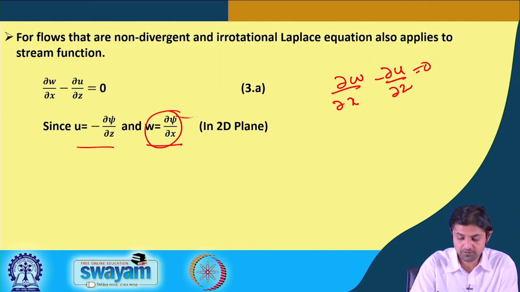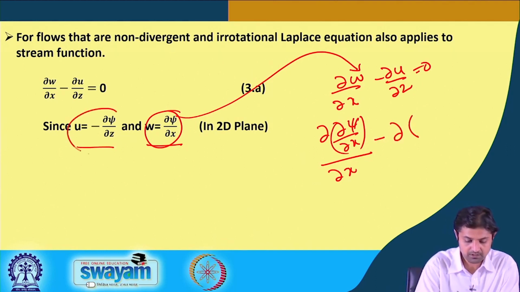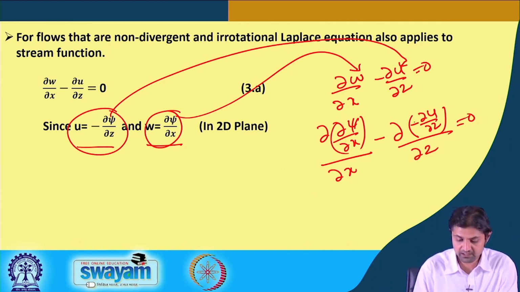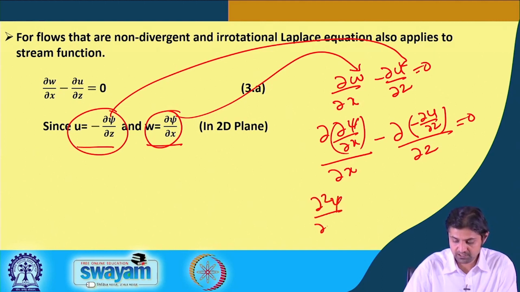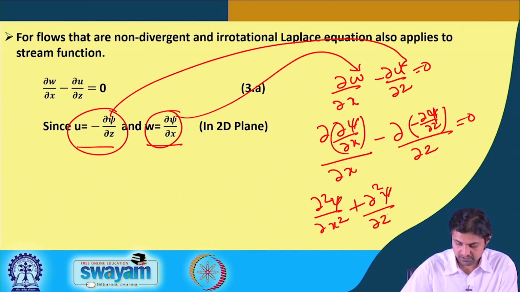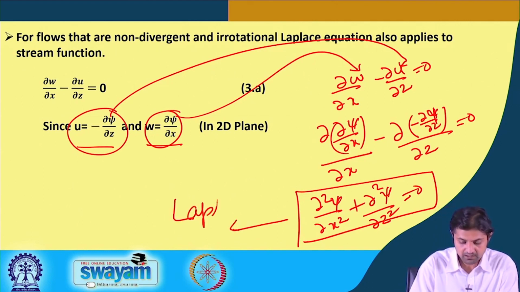Substituting, it becomes del square psi by del x square plus del square psi by del z square is equal to 0, and this in the 2D plane is again the Laplace equation. All right.